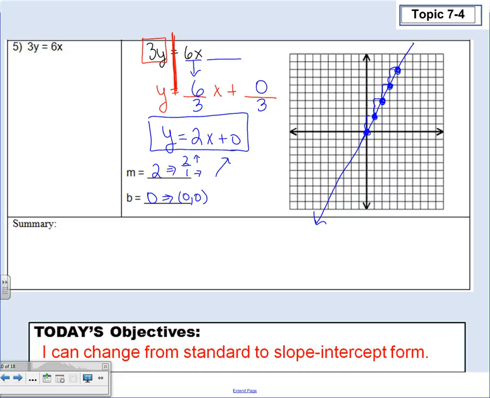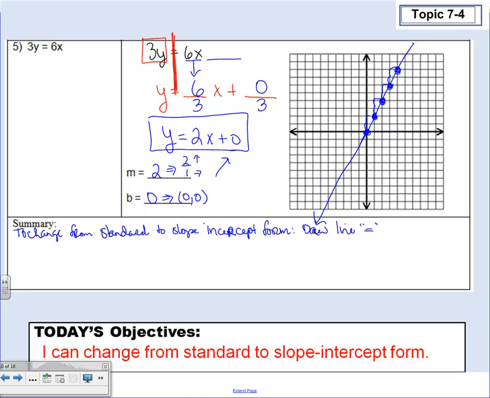So in summary, in order to change from standard to slope-intercept form, we're going to write down the steps we use. We drew the line, or draw the line down the equal sign.